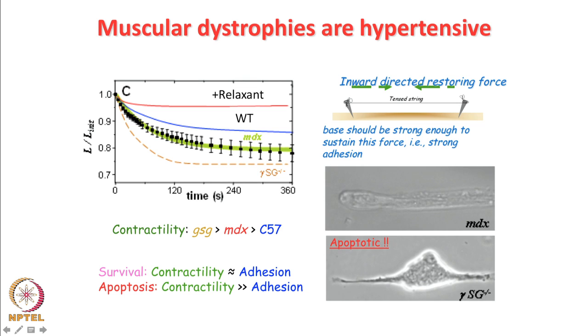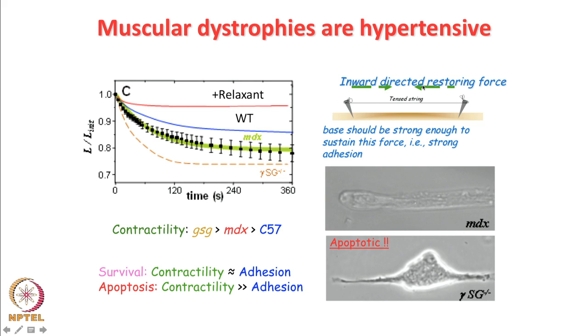Imagine the cell as a tensed string anchored to the substrate via multiple points, the equivalent of focal adhesions. If this system is to be sustainable, and you are increasing the tension in this string, then the substrate has to be strong enough, or the adhesions the cell engages with the substrate have to be strong enough, so that these tensile forces are sustained.